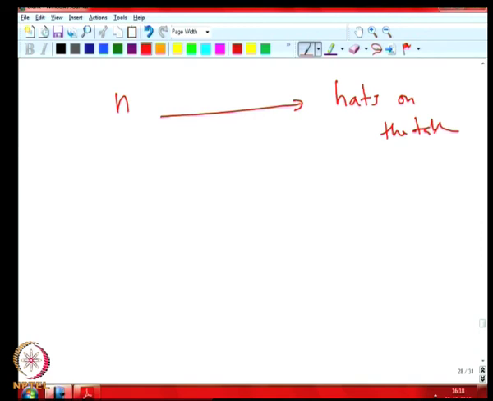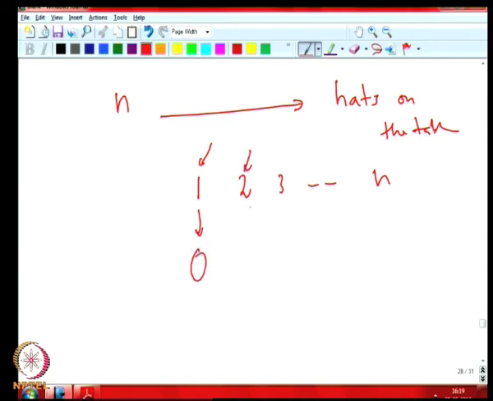Each is taking a hat from the table, but there is no one among these n people who gets the same hat. So that number of ways is the number of derangements, because their original hats are numbered by their person number, say the person number 1, person number 2 up to person number n. The hats also have numbers, say 1, 2, 3 up to n. Now person number 1 comes and takes a hat which is never 1, something else.